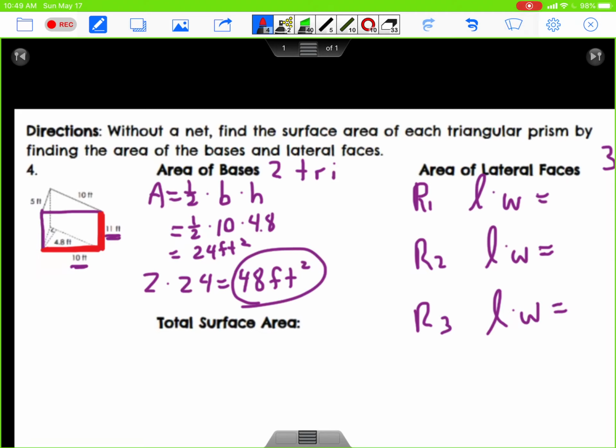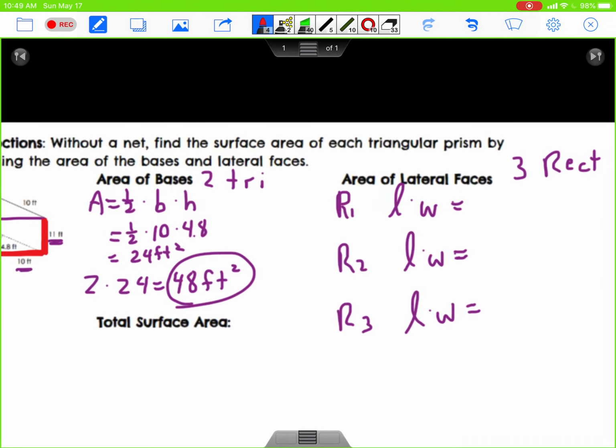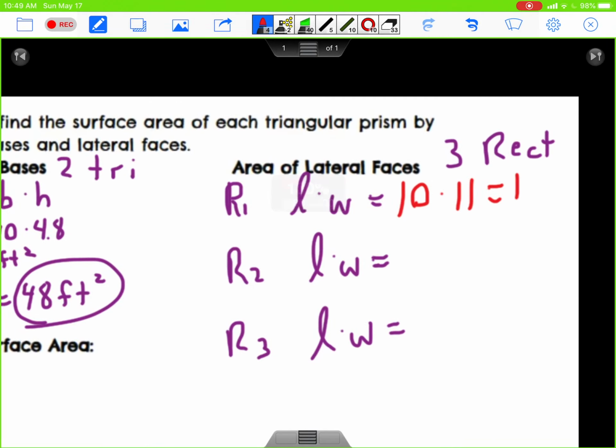The 5 is for something else. It's not attached to our rectangle right now, and neither is that 10 on the top. So we don't have to worry about that right now. Once I have my two numbers, 10 times 11, which is equal to 110 feet squared.